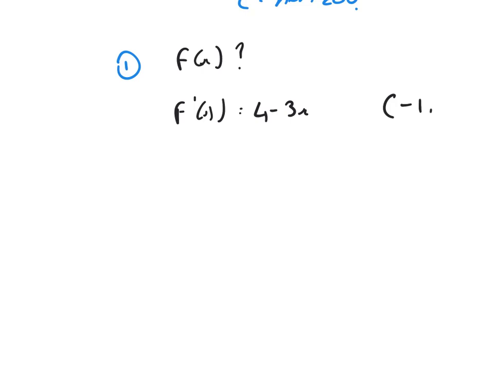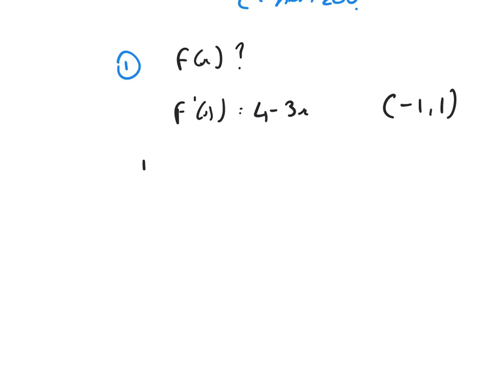So we're going to find the equation of the original function. So we want to find f of x, the original function, given the following information. So the following information being that I'm given that f dashed x is equal to 4 minus 3x, and that I know that we pass through the point minus 1, 1 with the function.